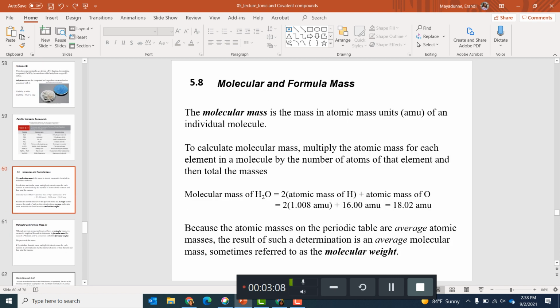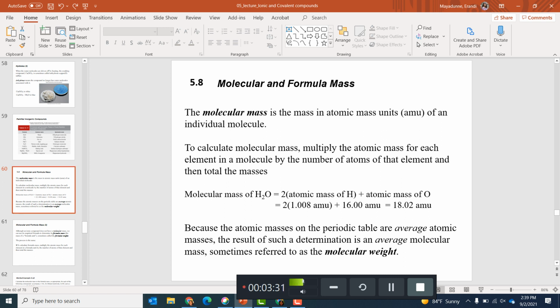And then I'm coming to the calculation part, the very last part: the molecular mass or formula mass. If I ask you to calculate the formula mass of water, that is the mass of a formula, you just add the atomic mass of hydrogen, but you have two atoms.